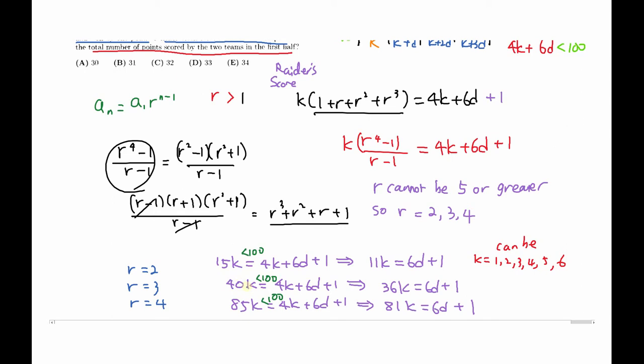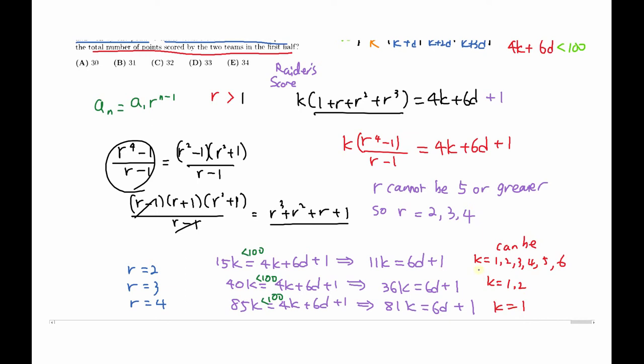What about here? k can only be 1 and 2 because once you get 3, the Raiders' points become 120, right? That's not what we want. And same thing for r equals 4. Here only 1 can satisfy. So I know it has 9 possibilities, but this isn't as bad.